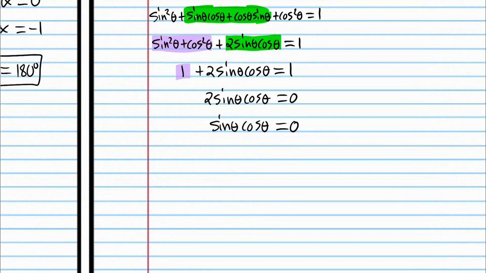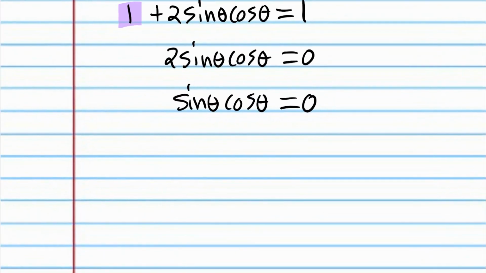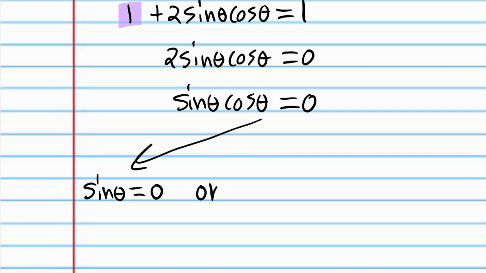And now we have a product of 2 trigonometric functions, and that product is equal to 0. So what that means is that sine theta must be 0 in order for the equation to work, or cosine theta must be 0.